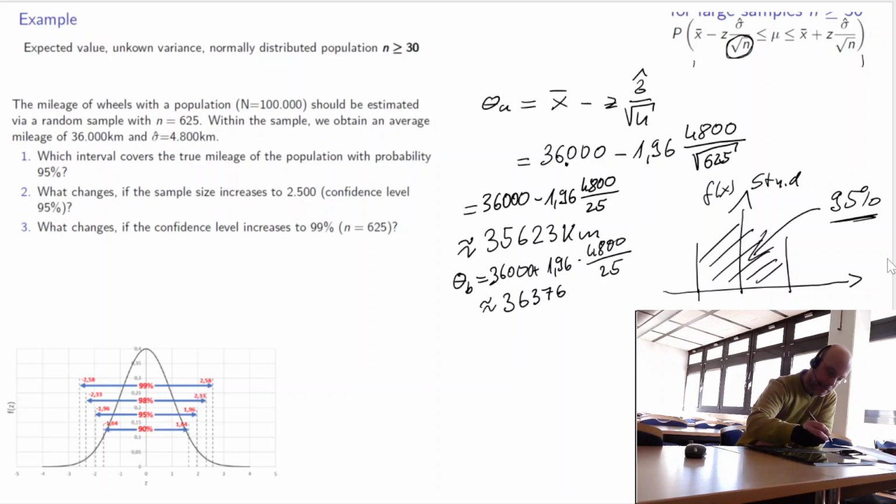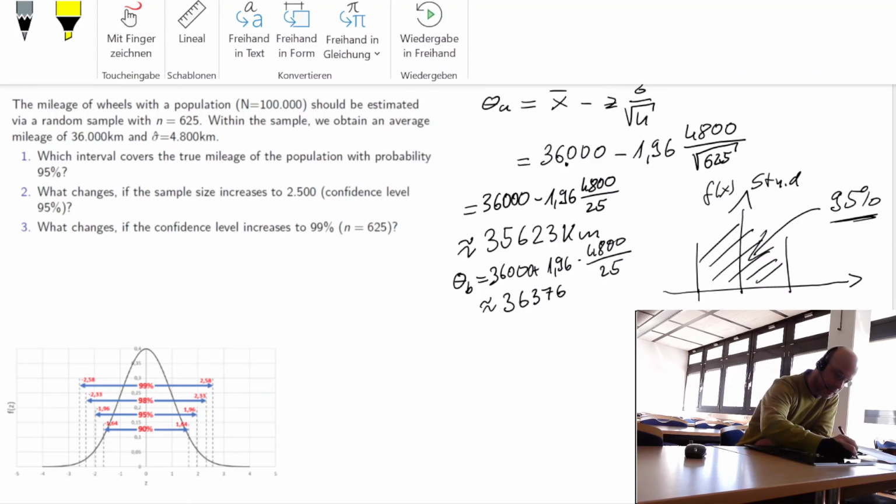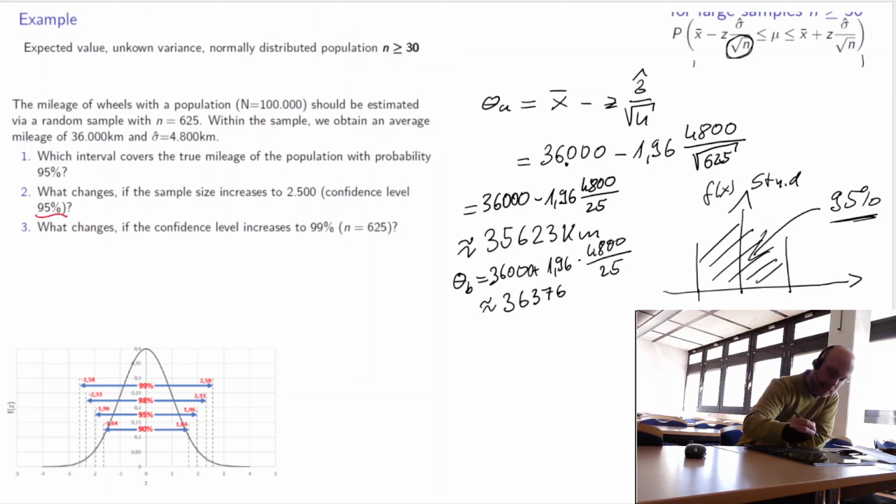If we ask the same question, still confidence level 95%, but our sample size is increased to 2,500. What do I have to change?